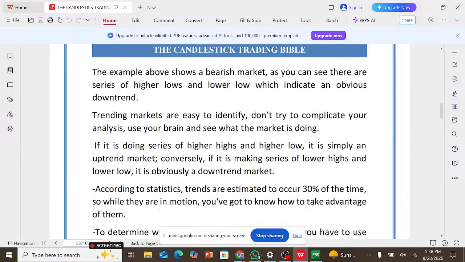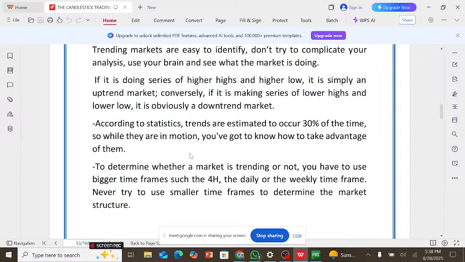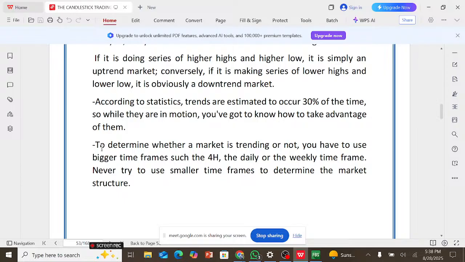But let me emphasize this. To determine whether the market is trending or not, that means to determine if the market is in an uptrend or a downtrend, you have to use a bigger time frame such as 4 hours, daily, or weekly.